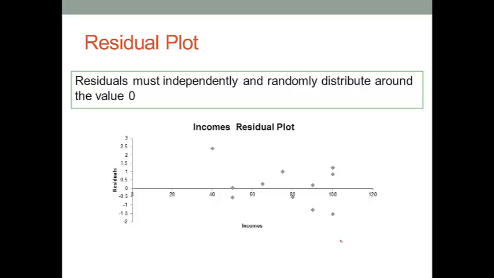There is a requirement for a residual plot. A good residual plot, a perfect scenario, is that residuals must independently and randomly distribute around the value 0. You don't have to draw the residual plot. You will get the plot from the software analysis result.